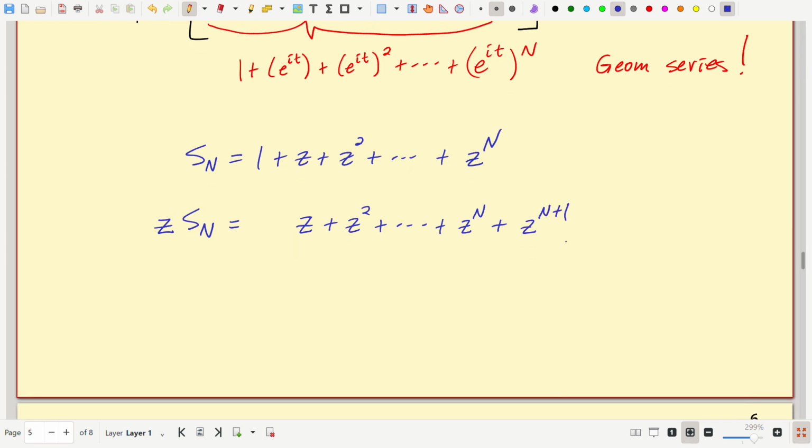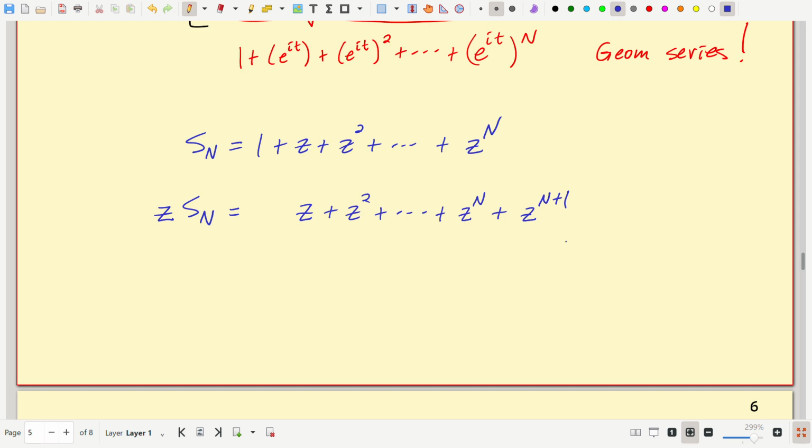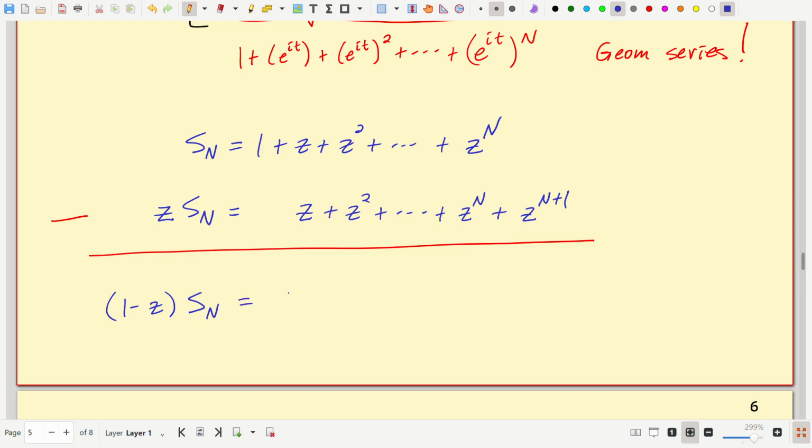And you realize if I subtract those two things, the sum of all that junk in the middle would collapse out of it. So I take this, I subtract, and on the left-hand side, I get 1 minus z times the nth partial sum equals, on the right, all that stuff in the middle cancels one by one, and all I'm left with is 1 minus z to the n plus 1.